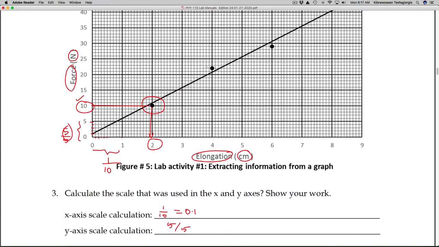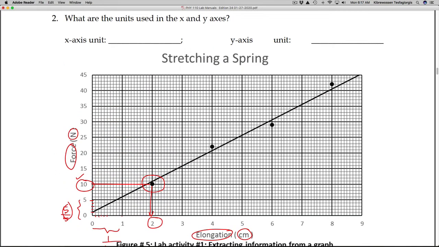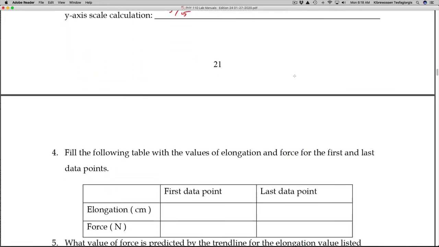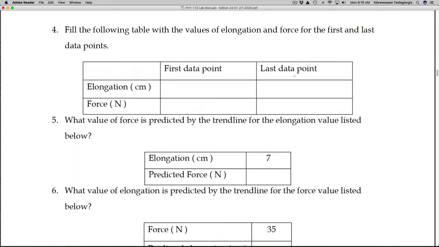Then for the last data point, this is what you have. If you draw a vertical line that runs the whole way down here, this will be your elongation value. Then you draw a nice horizontal line, and approximately this is your value. You count 40, 41, 42. Approximately that is your last data point.